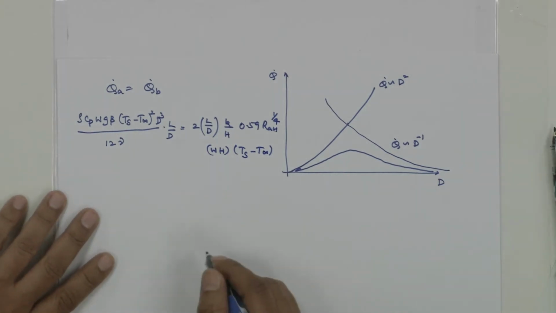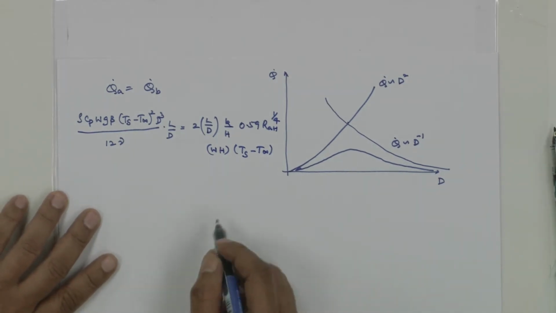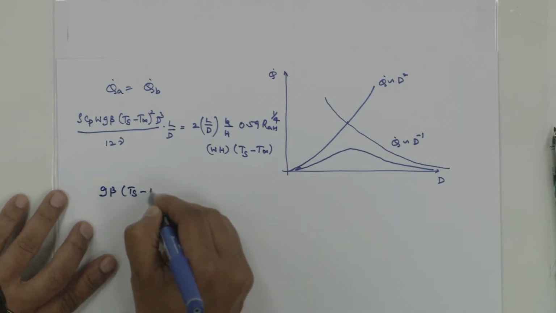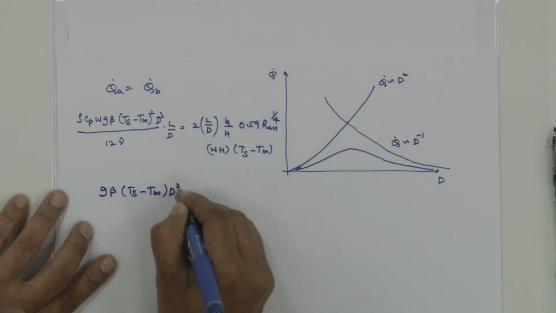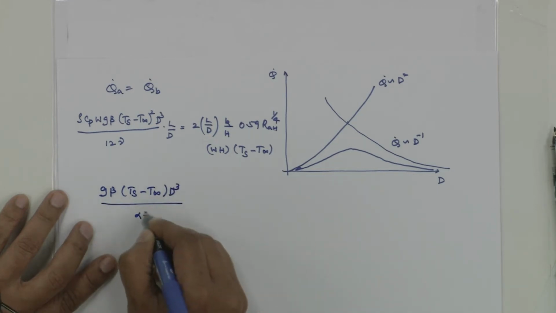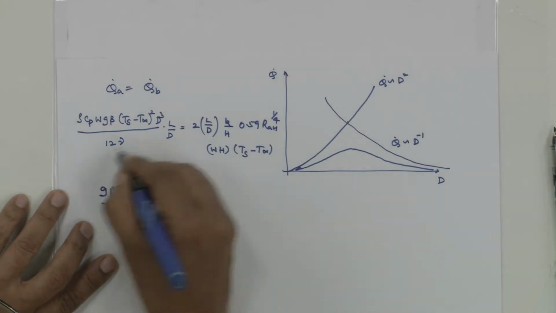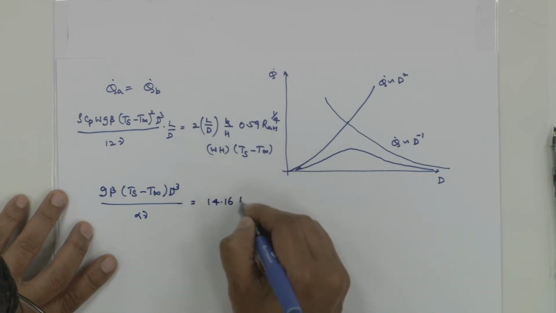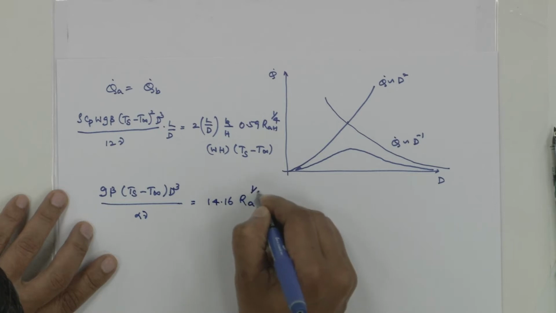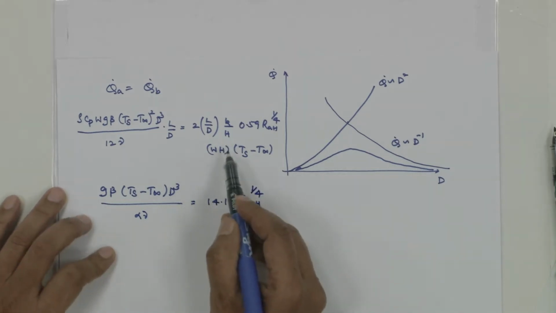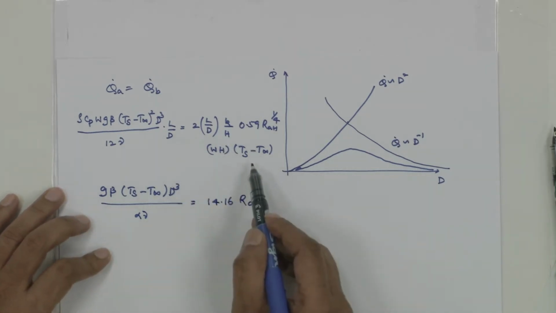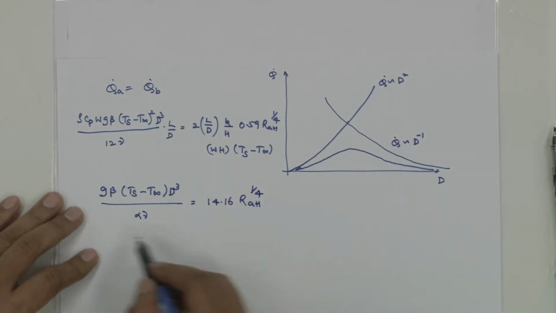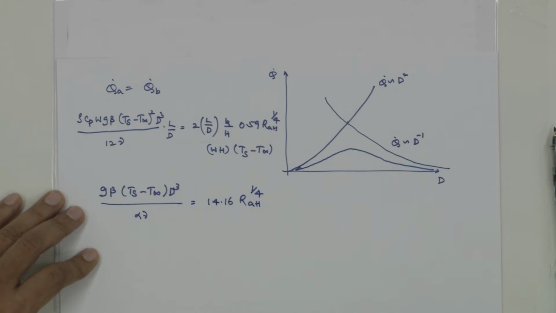So you get g beta (Ts minus T infinity) d cube upon alpha nu equal to 12. If I push in 0.59, I get 14.16 Rayleigh number to the power of 1 by 4. The rest all get cancelled out: W by H, L by D, Ts minus T infinity. So this is what you get by equating.